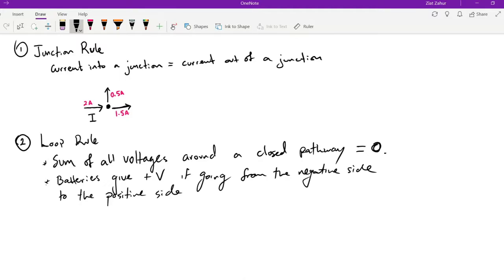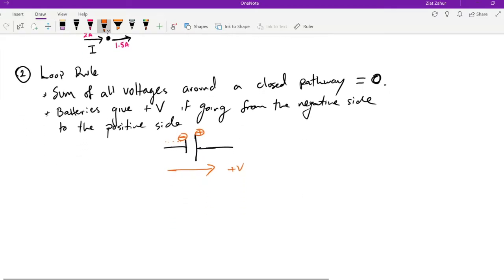Recall that the battery symbol is a small line, big line. So if your pathway sets you off so that the direction of your path is going from left to right, such that you are forced to go from the negative side into the positive side this way, then this will add voltage.